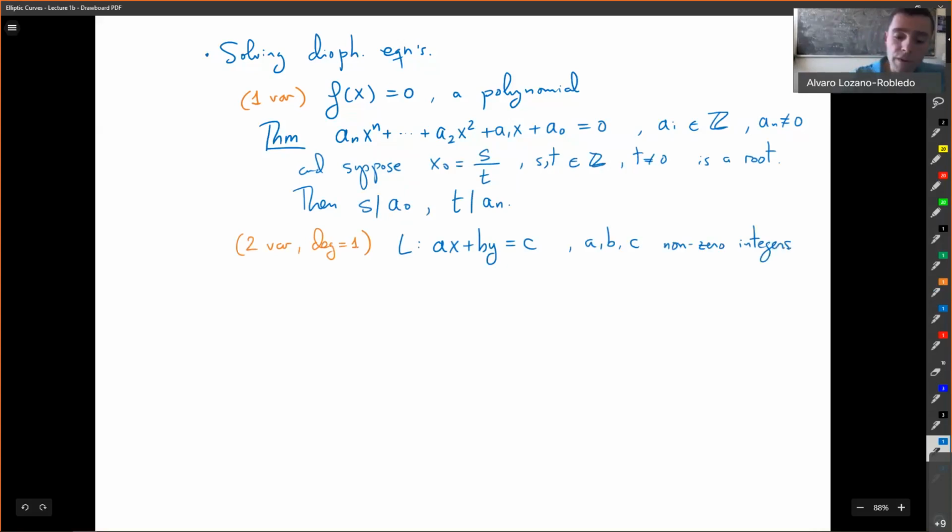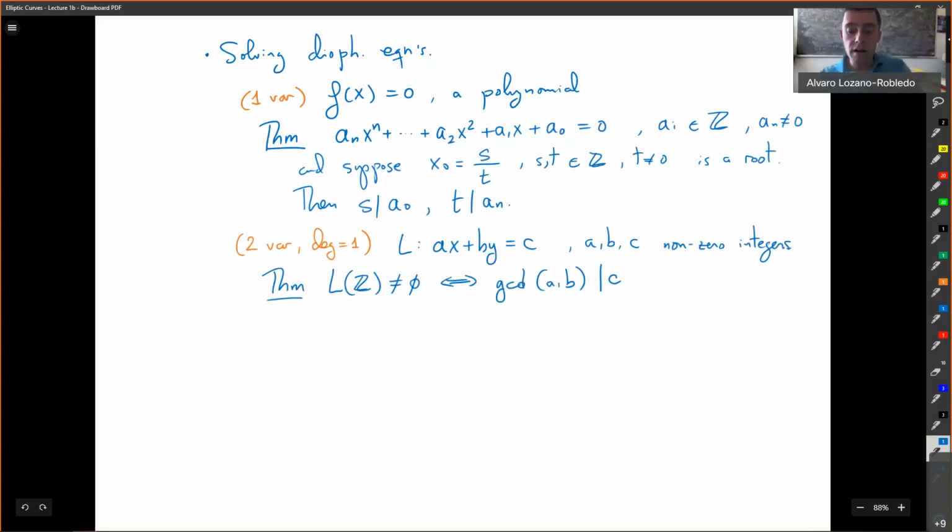Then the theorem here is that there is an integral point if and only if the GCD of a and b divides c.